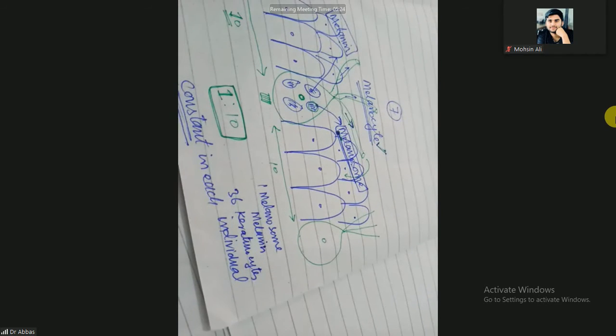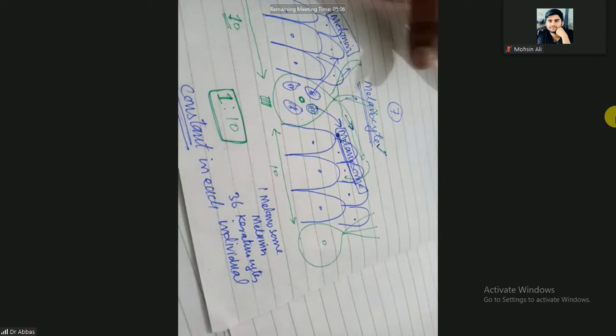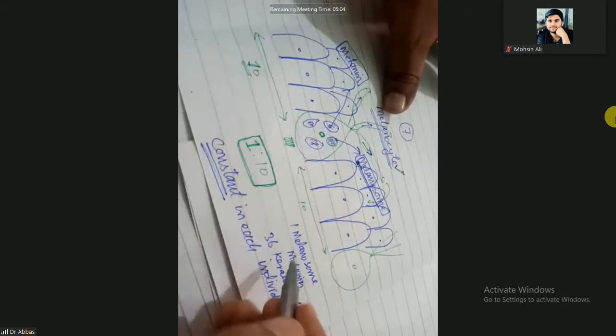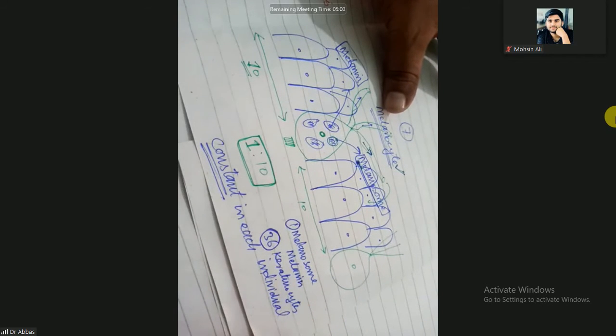The melanin is transferred to the keratinocytes with the help of the dendrites. So 36 keratinocytes are served by only one melanocyte. So one melanocyte can transfer its melanin up to 36 keratinocytes.